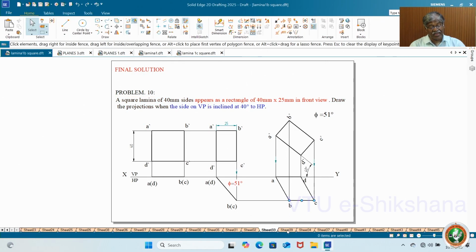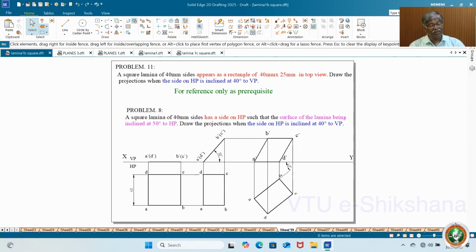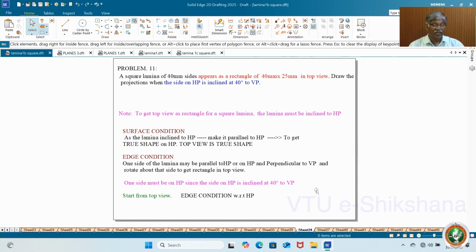Now in the same way we can work a problem on a square appearing as a rectangle in the top view. Same procedure. As reference I have taken one problem which I worked out already: the lamina inclined at some degree to HP, by 50 degrees, say this is the top view. Similarly, you can work it; I will rush through the problem solving, how exactly you can do it.